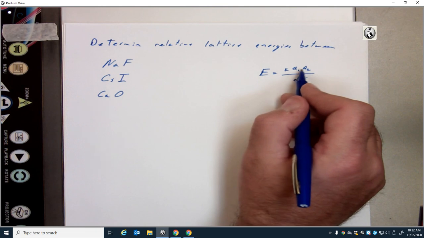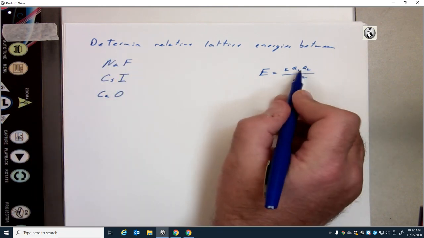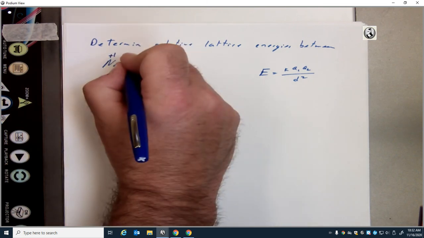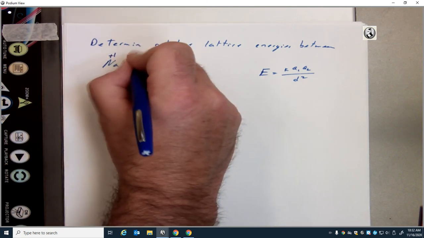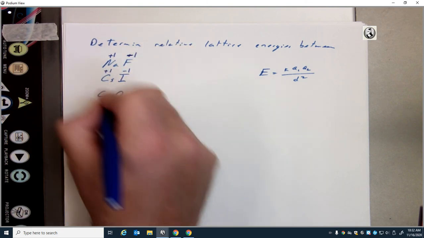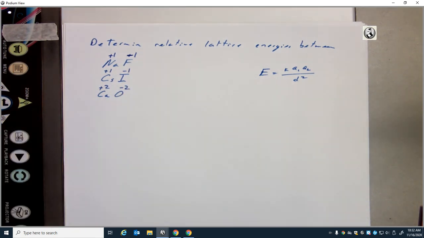So what's really going to tell us what happens with our lattice energy is our charge. Sodium is +1, fluorine is -1. This is +1, -1. This is +2, and this is -2.